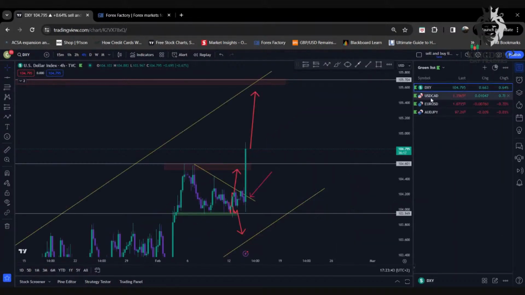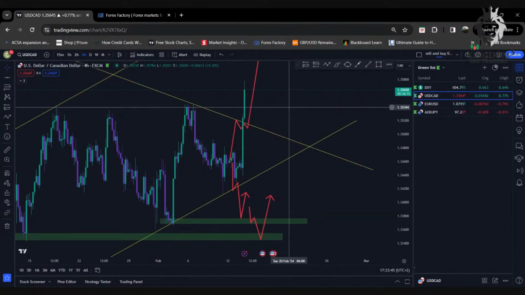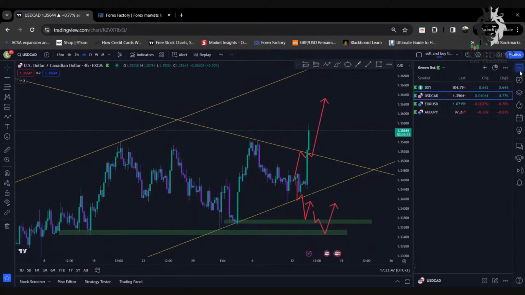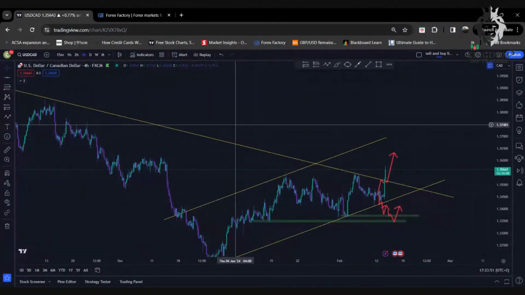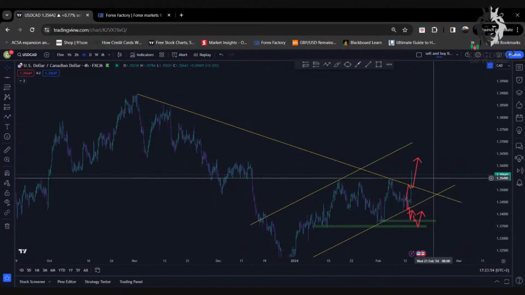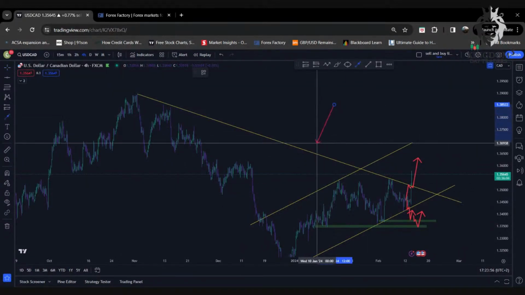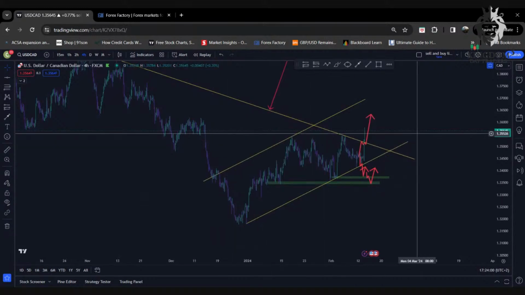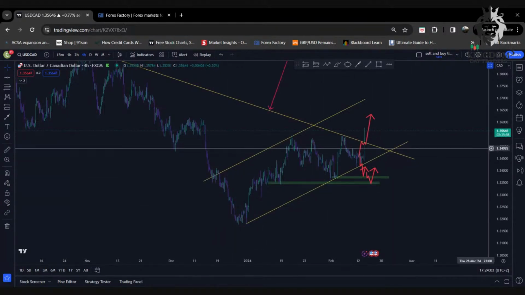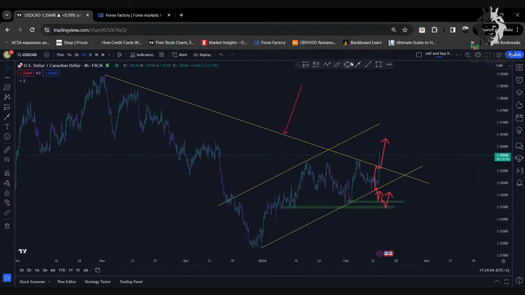And if you correlate that to the USD CAD, it did the same thing, right? We have this downtrend forming over there, and I say this is an uptrend. However, upon this downtrend, price action was tested a few times, right? We can see that over there.